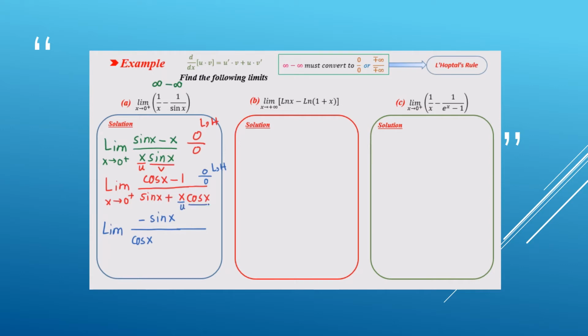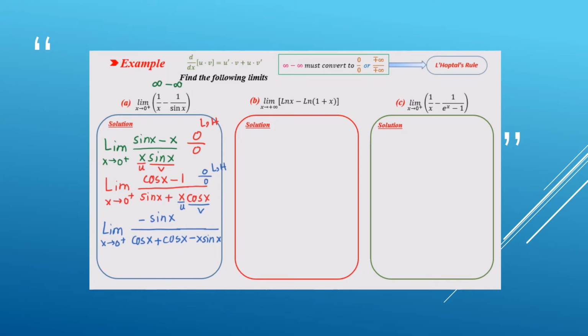This is u and this is v. So we have u prime, which is 1, multiplied by v, cosine x, then plus u, which is x, multiplied by the derivative of cosine, which is minus sine. So we have minus x sine x, when x goes to 0 from the right.